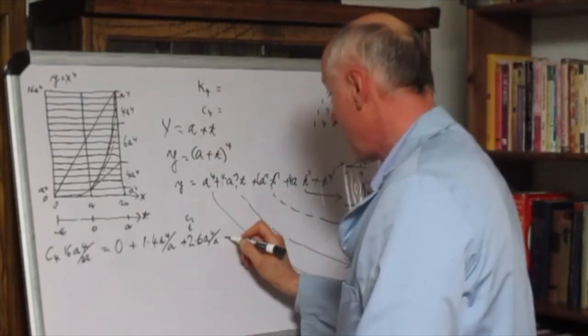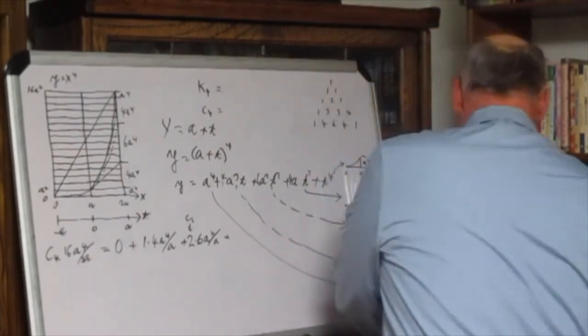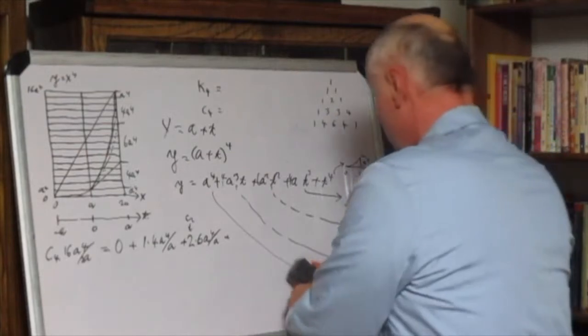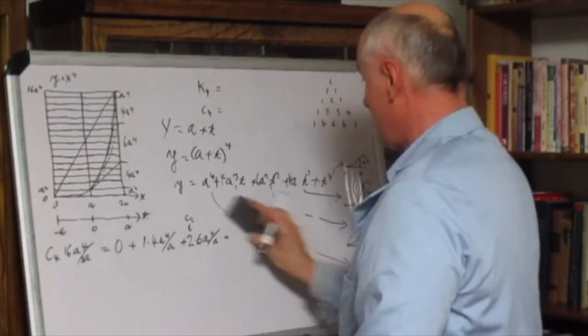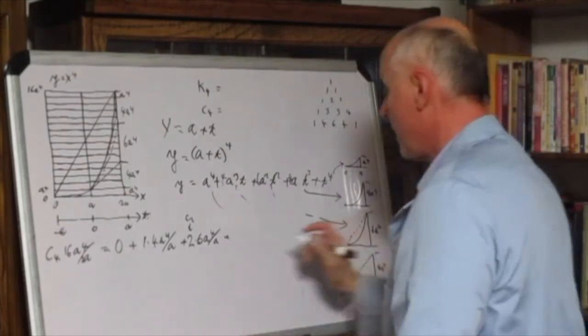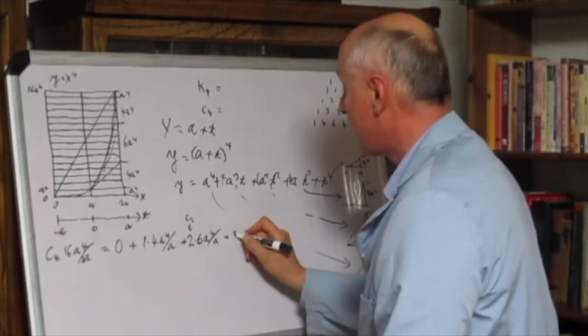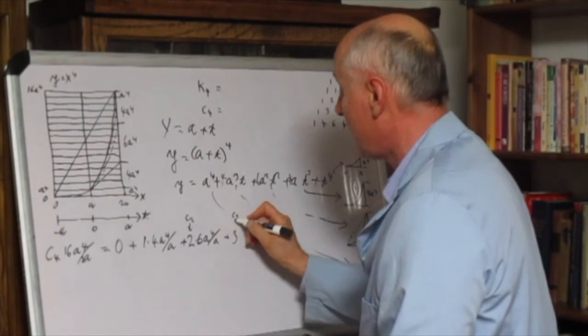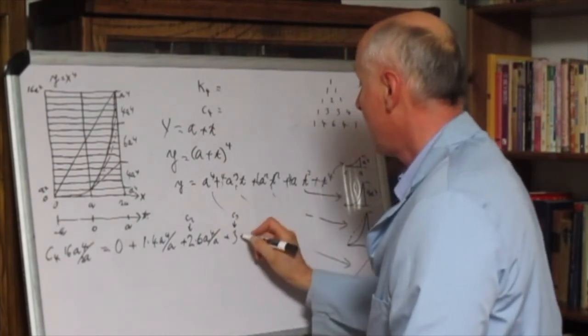Plus, I have to wipe this down. Now the cubic. Well, cubic, we know that it's 3. That's a C3. We already know that.